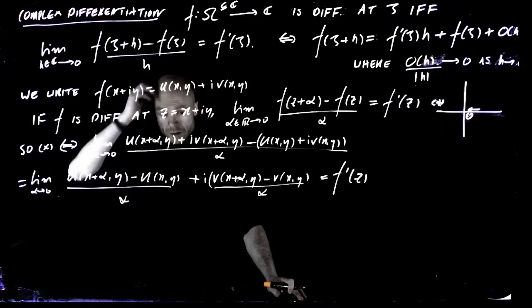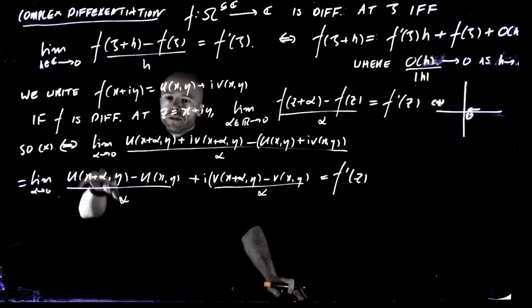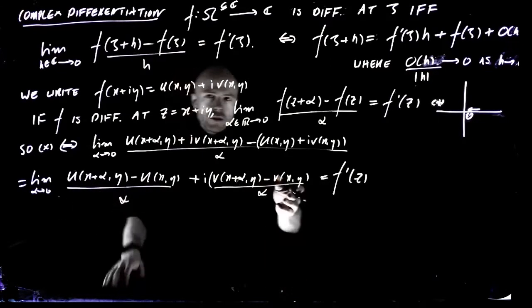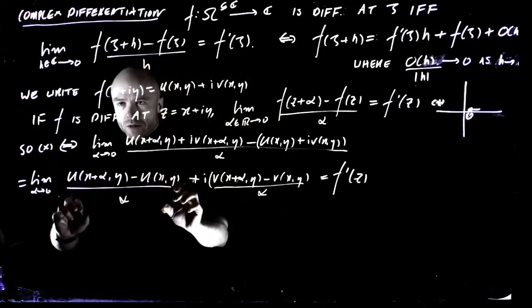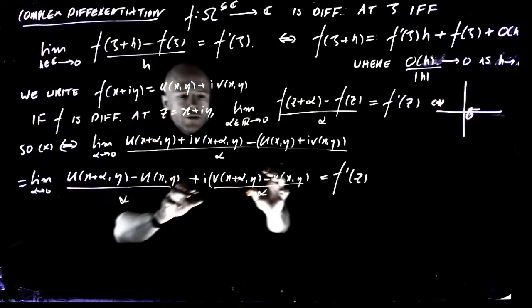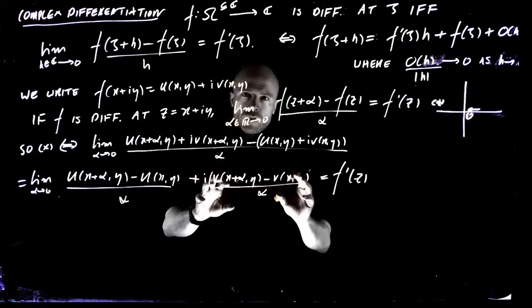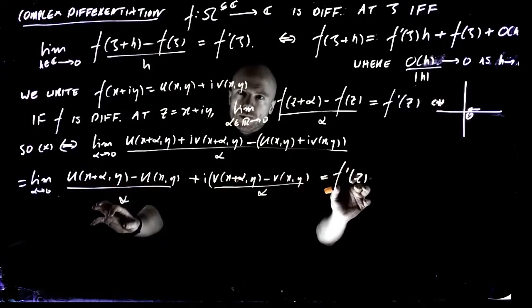Yeah? That can't happen here, because this guy is on the real numbers and this guy is on the imaginary numbers, right? So if this thing as alpha goes to 0 doesn't have a limit, there's no way that this guy can save it so that the sum of these two ends up having a limit.